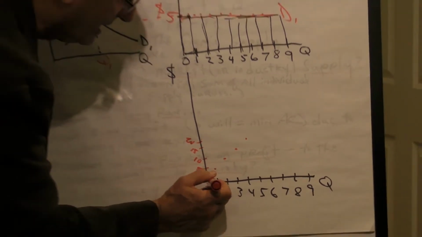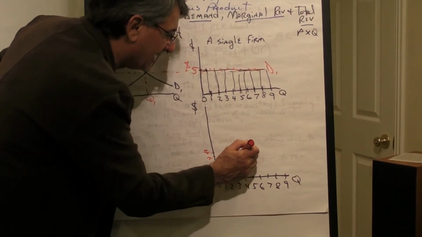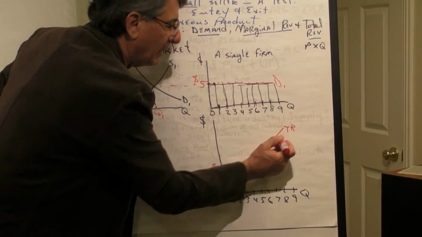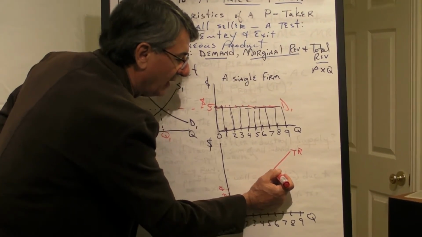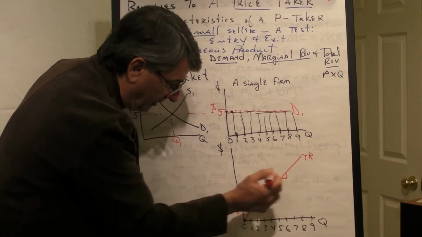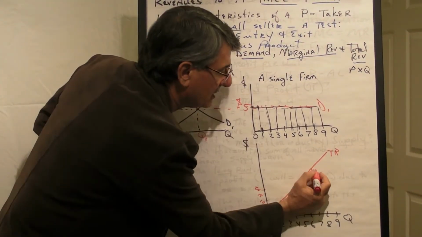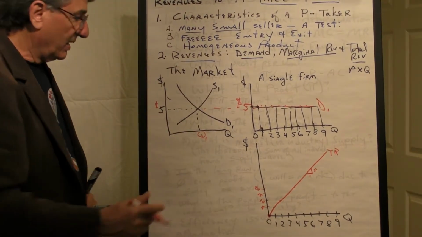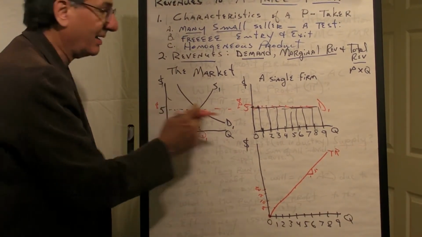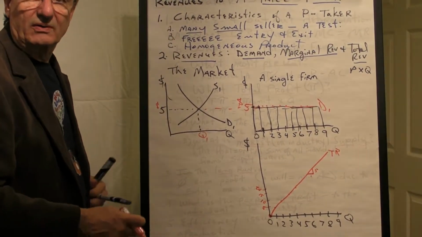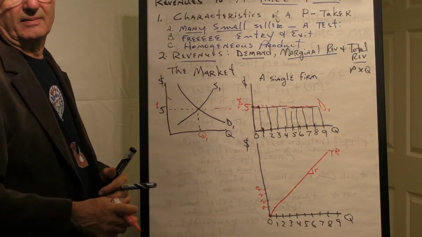The pattern is that every time they sell 1 additional unit, their total revenue goes up by $5. So the slope of this, first of all, it's linear, and second, the slope of it is 5, which is equal to the price. So when the price is determined to be 5 in the market, that's the firm's demand curve, and that's the slope of a linear total revenue curve for that firm as well.